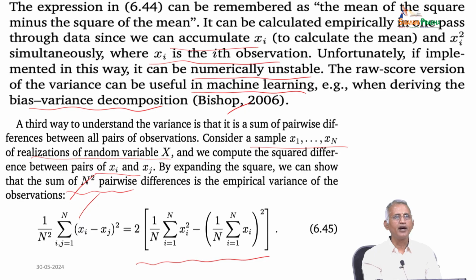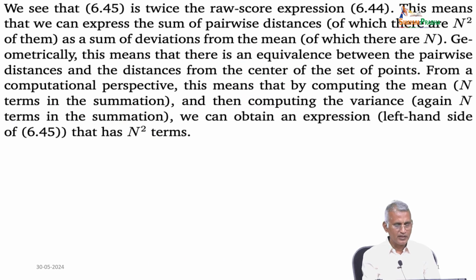So, the sum of the pairwise differences between all the observations can be calculated using equation 45. We see that equation 45 is twice the raw score expression of equation 44. This means that we can express the sum of the pairwise distances as a sum of deviations from the mean.